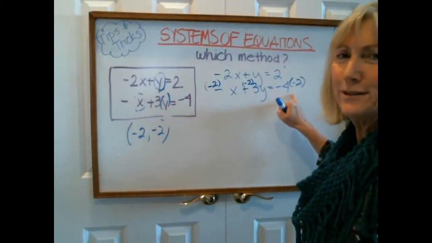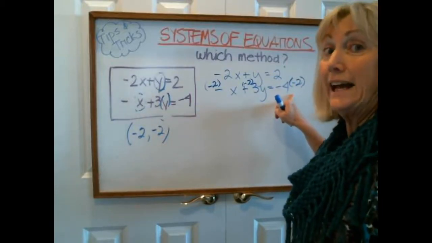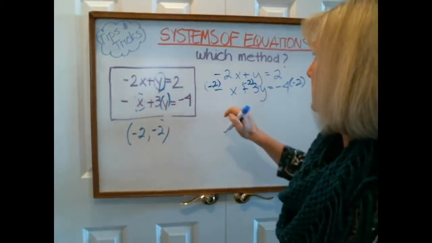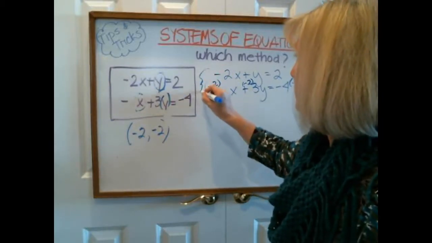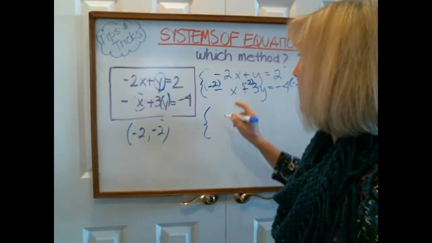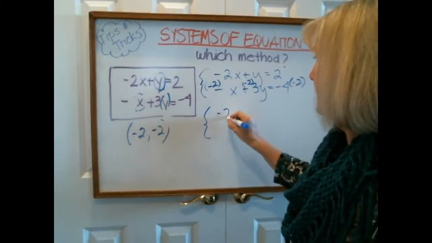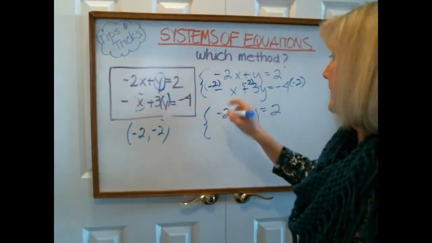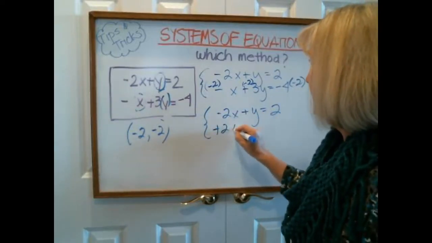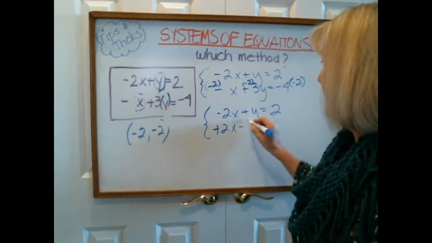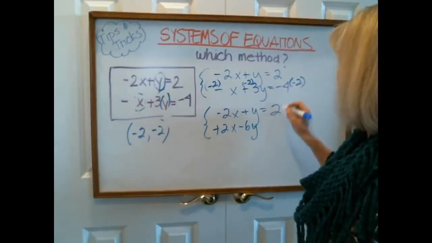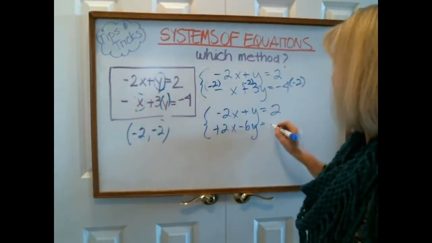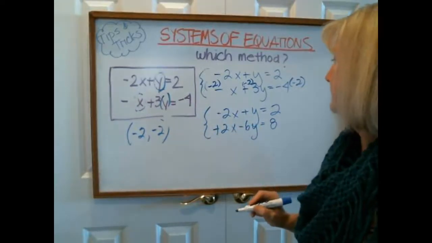What I tend to do is forget to multiply this side also by negative 2. So I also rewrite the whole thing. I'm going to rewrite this, negative 2x plus y equals 2. And then this will be plus 2x. This will be minus 6y. And this will equal positive 8.